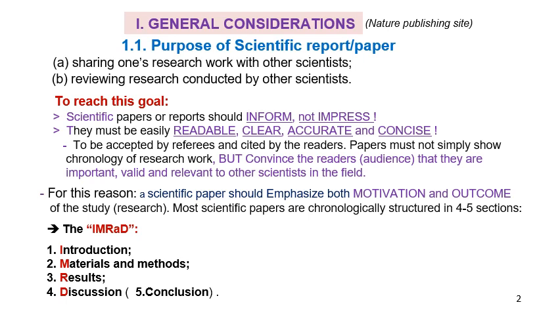To be accepted by referees and cited by other scientists or researchers, the papers must not simply show the chronology of research work. So I do not have just to show what I did, but we need to convince the readers or the audience that our finding, our paper is important and it is valid and relevant to the other scientists in the field.